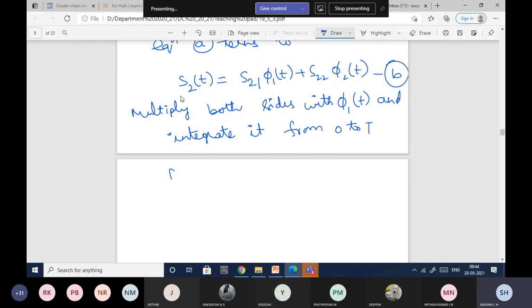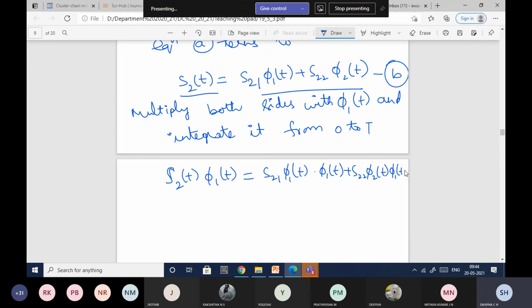First I have to multiply left hand side and right hand side with phi1 of t, and then integrate from 0 to t. So the equation will turn to, first I'll multiply phi1 of t on both the sides: S2 of t phi1 of t is equal to s21 phi1 of t into phi1 of t, plus s22 phi2 of t into phi1 of t.